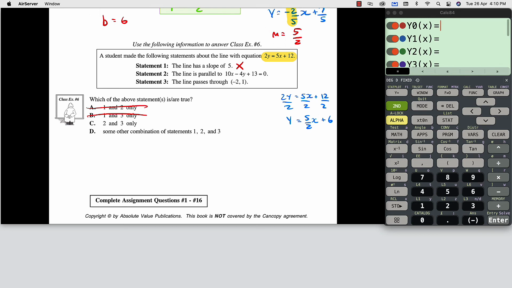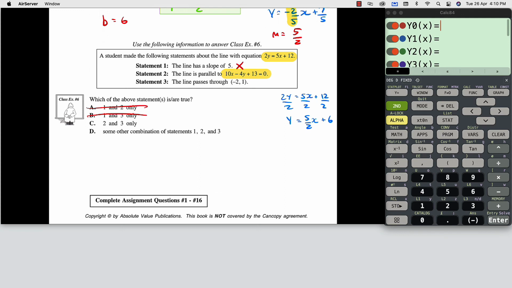The line is parallel to this line 10x minus 4y plus 13 equals 0. So if it's parallel, it's going to have the same slope. And I know that line up above has a slope of 5 over 2. So if I take this one right here and I determine the slope, if it's 5 over 2, then that statement is true. It is parallel.